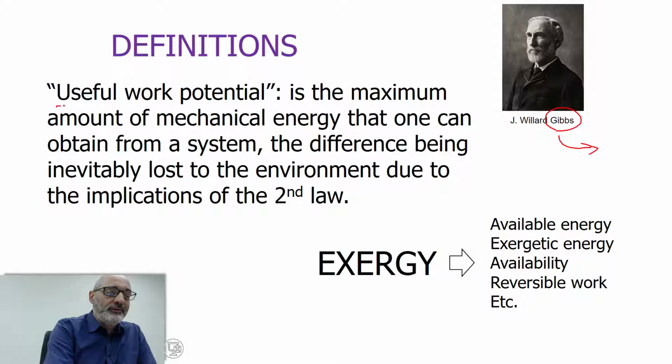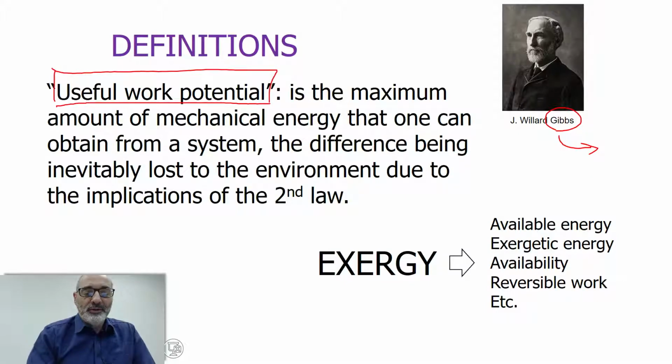Actually, this is a name for something very special, and we have a lot of different names. I'm going to highlight that in a moment. The maximum or useful work potential is the maximum amount of mechanical energy that one can obtain from a system, the difference being inevitably lost to the environment due to implications of the second law.